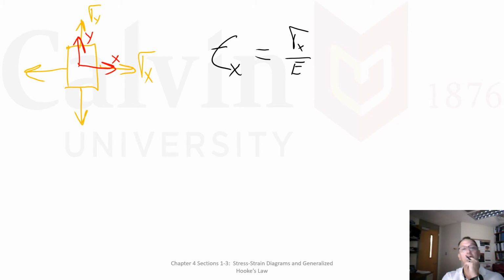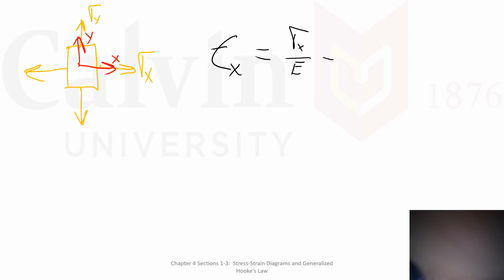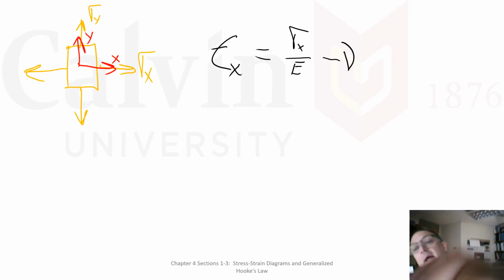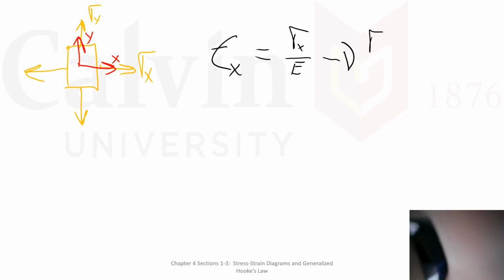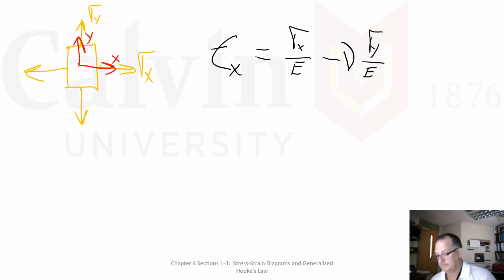We also know that in the previous section, the stress in the X was causing a strain in the Y. So I should think that a stress in the Y should cause a deflection in the X. And it does. Do I just add that? If I look back, I would add that in like this, times Poisson times the strain in the Y, but the strain in the Y is the stress in the Y divided by Young's modulus.